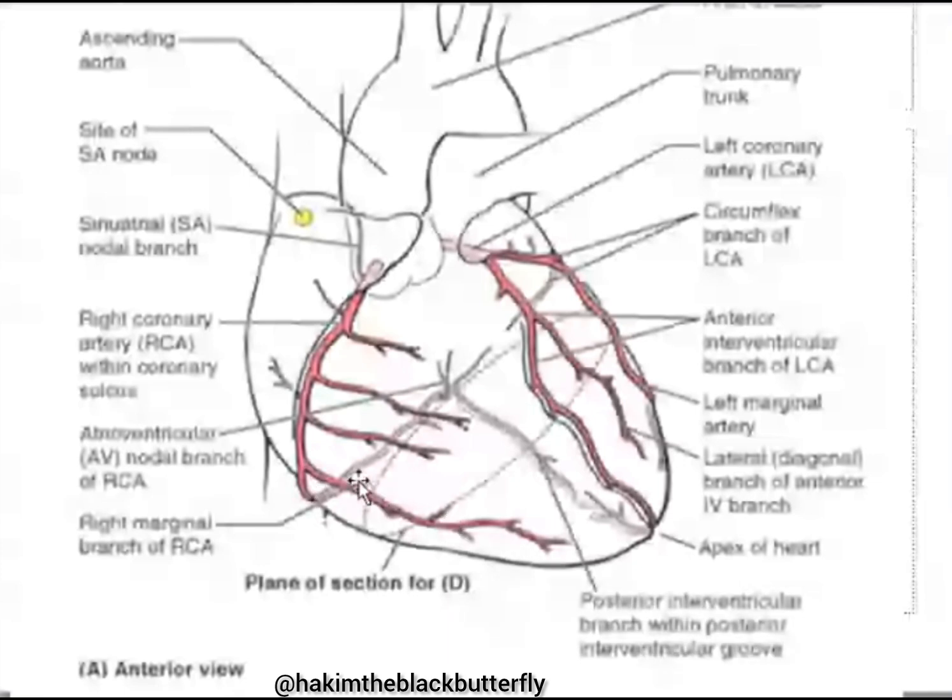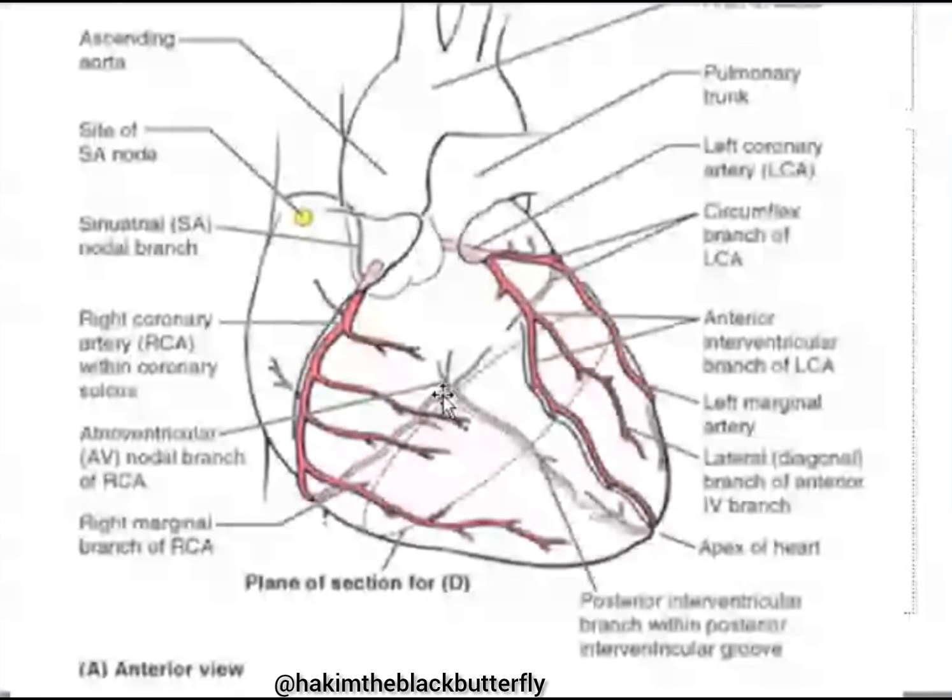When it reaches the inferior border of the heart, it then goes to the inferior surface, and you can see here it is curving to go to the inferior surface, and also gives off branches to the inferior surface. And one of the branches it gives off to the inferior surface is the atrioventricular nodal branch.